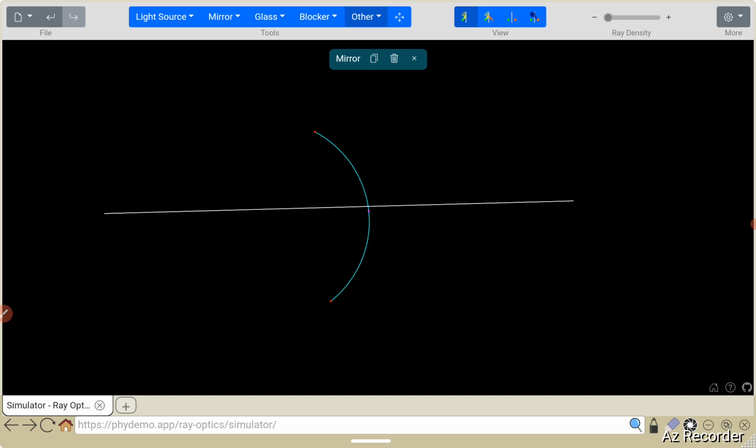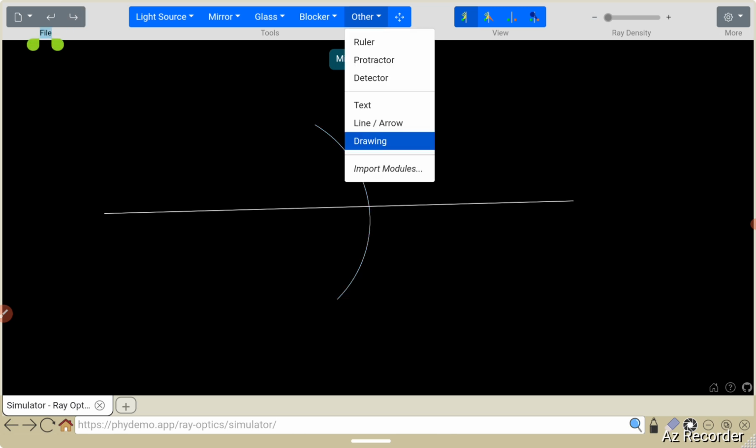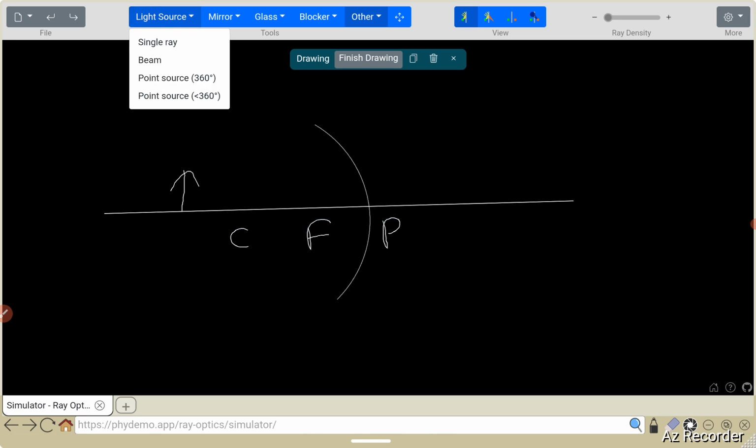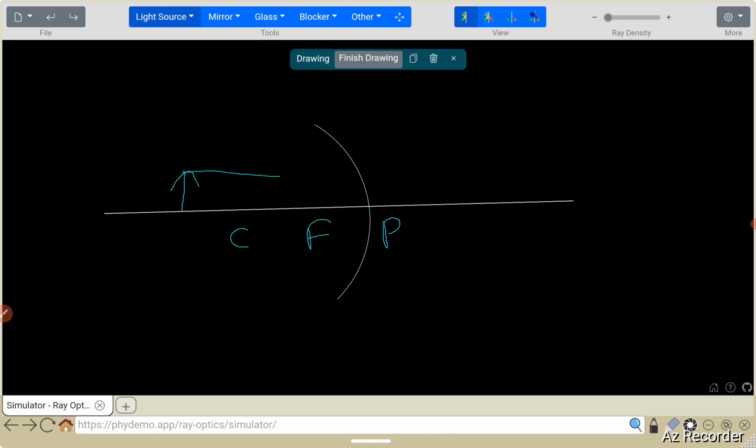Now let me just take here pole, here focus, and here center. Somewhere here I am just taking object. Understood? Now first ray, parallel ray to the principal axis, it has to pass through focus.